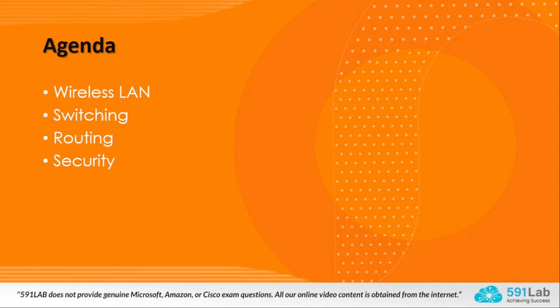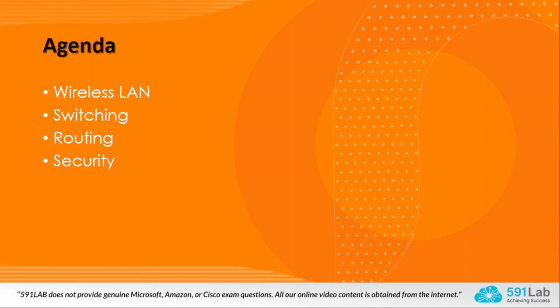Then switching includes the implementation of layer 2 and layer 3 technologies and how to validate them. Routing covers the implementation of routing topologies and functions. The knowledge related to security standards, concepts, and Wi-Fi authentication methods are covered under security.